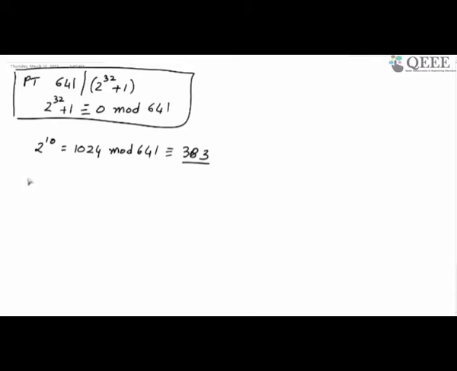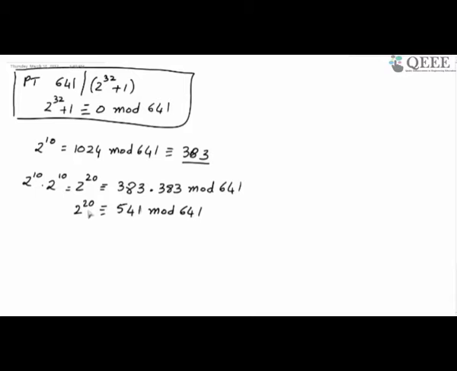Now 2 power 10 into 2 power 10 is 2 power 20. So 2 power 20 is congruent to 383 into 383 mod 641, and this you can find out to be 541 mod 641. So 2 power 20 is congruent to 541 mod 641.